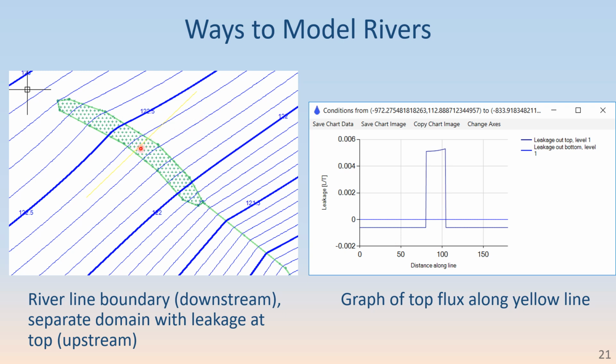In the area of this wetland or river channel, the flow direction is reversed. Water is coming up and out of the domain, and it is spatially variable. So it varies as you go across the yellow line from one side of this to the other. And it's a positive number and different. The lowest part of the river here is modeled just with a river line boundary, which has no width, and we've discussed that before.